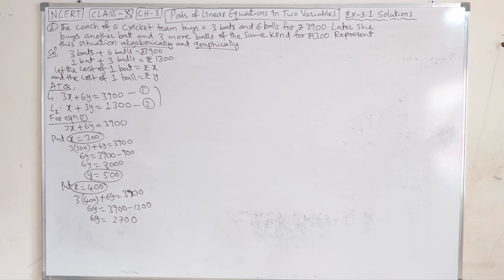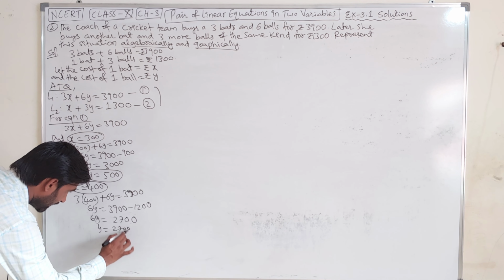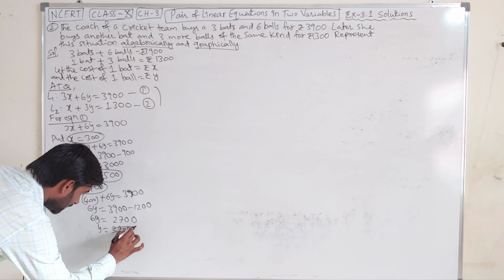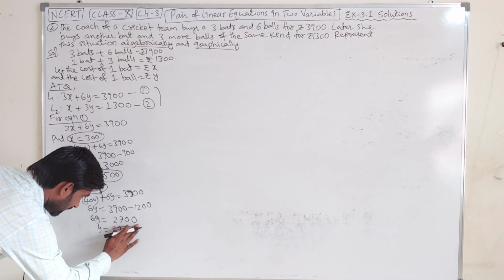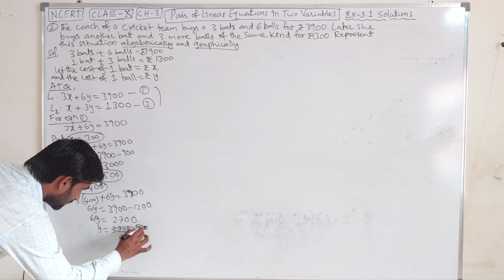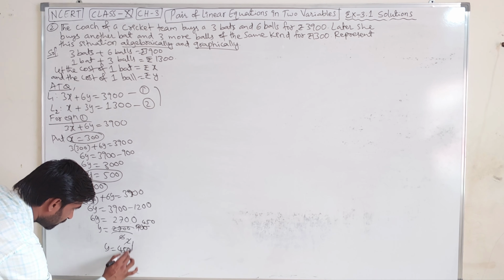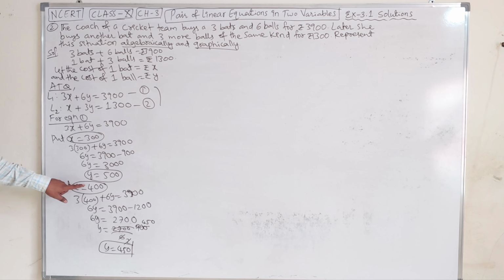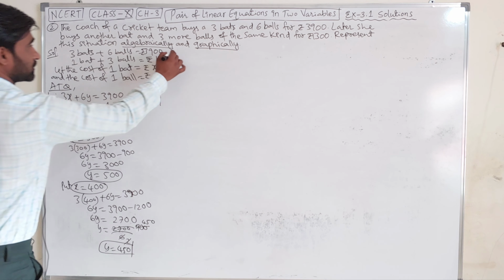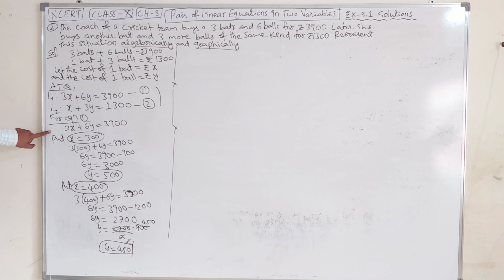So y will be equal to 2700 upon 6, which is 450. When x is 400, y is 450. So these are the two solutions for equation 1.